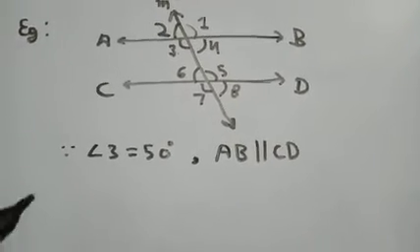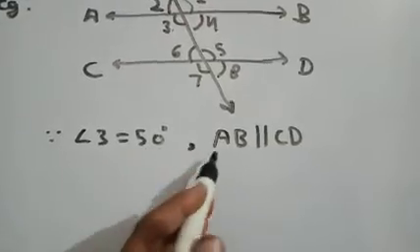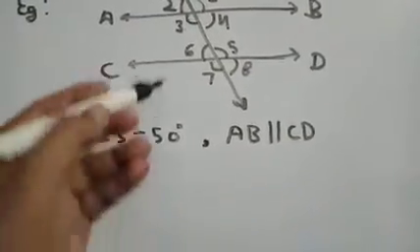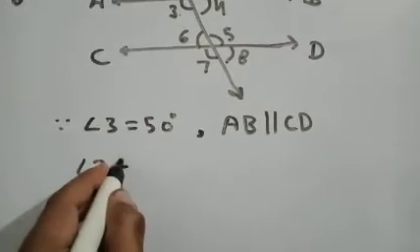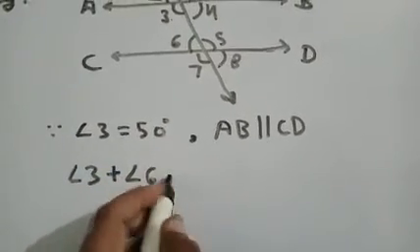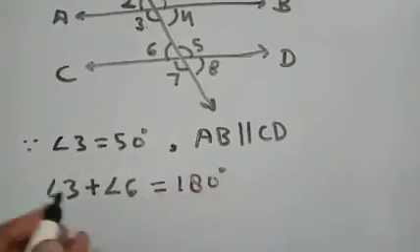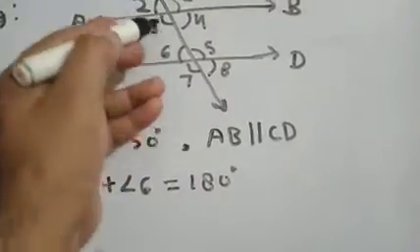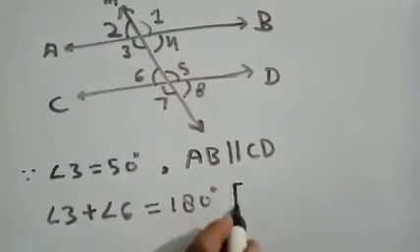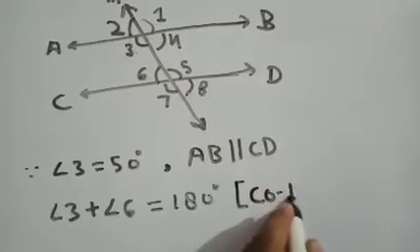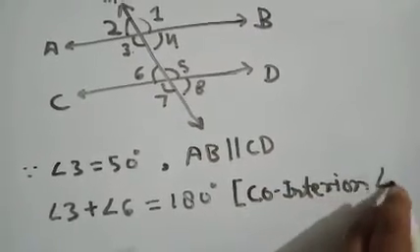So student, the angle 3 is equal to 50 degree and AB parallel CD. So angle 3 plus angle 6 is equal to 180 degree. Why? These are on the same side of the transversal and interior angles. Then the reason is co-interior angles.